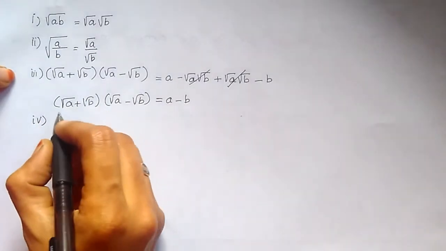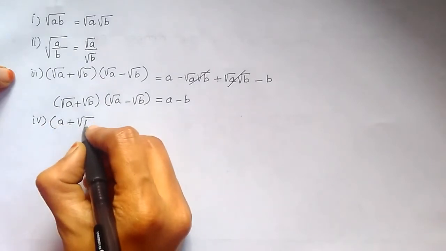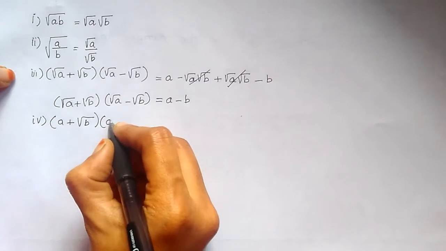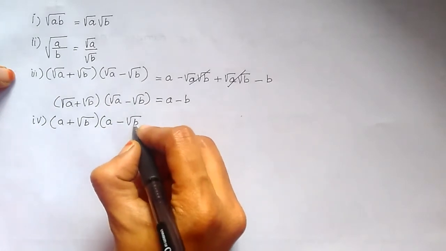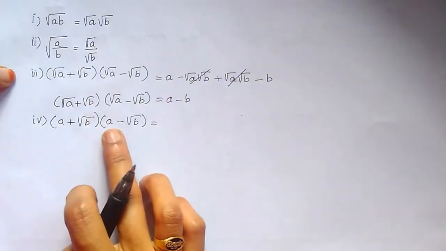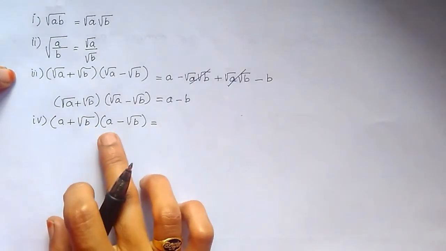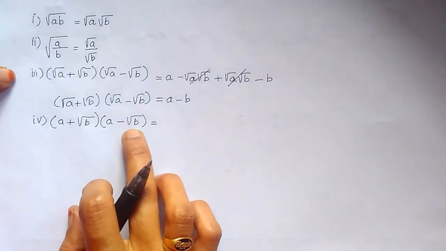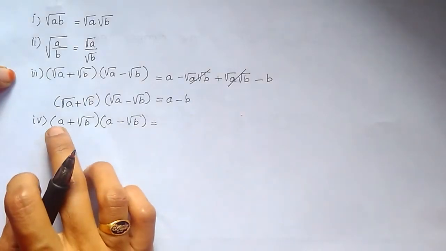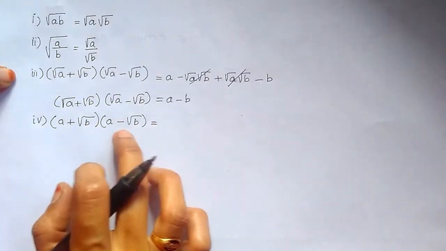Fourth identity, a plus root b into a minus root b. This identity we already studied, that is a plus b into a minus b. A plus b into a minus b is a square minus b square. So here also the a plus b into a minus b format is there.